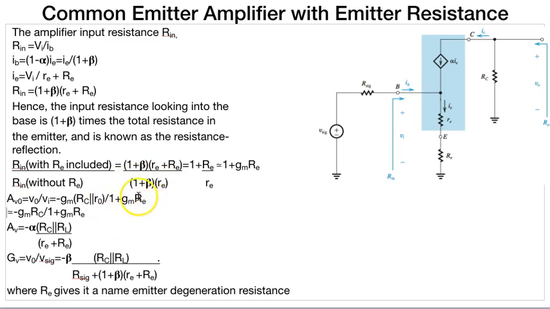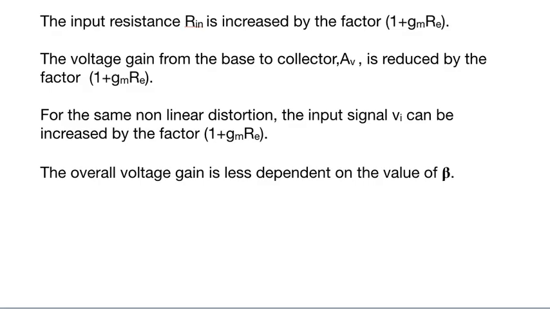As this Re is degrading the whole gain, that's why it is called emitter degeneration resistance. The input resistance is increased by this factor 1 plus gm into Re. The voltage gain is reduced by this factor 1 plus gm into Re. The overall voltage gain is less dependent on the value of beta.